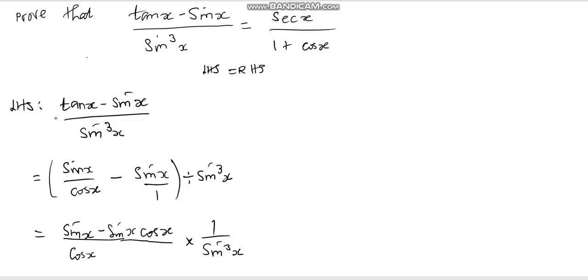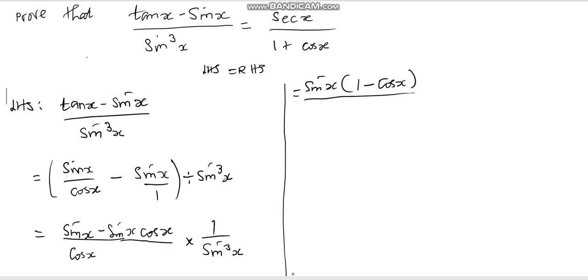If you look at these terms, we can factor out sin x because it's common in the two terms. So if we factor out sin x, we have sin x, open brackets, 1 minus cos x, divided by sin³x cos x.